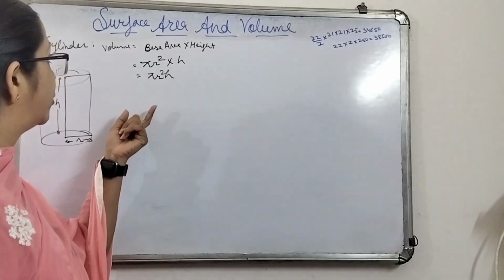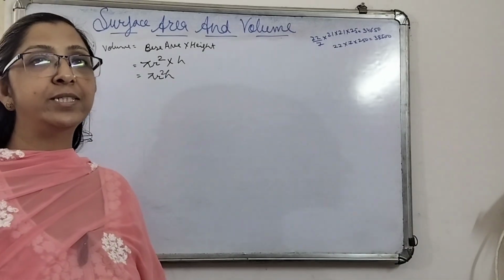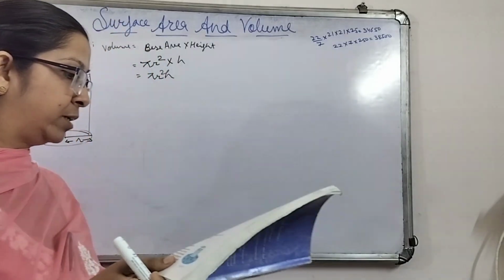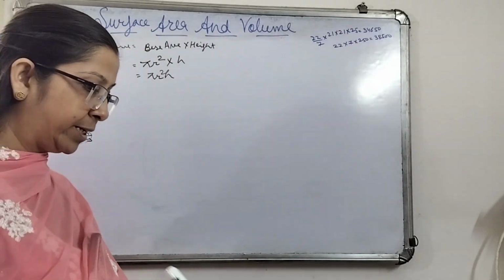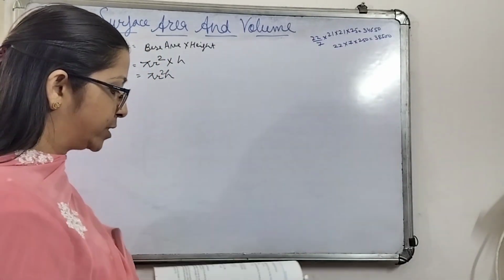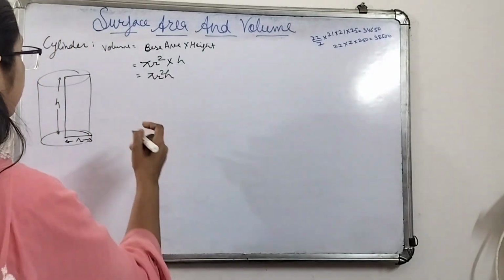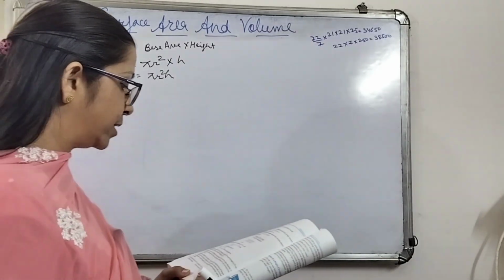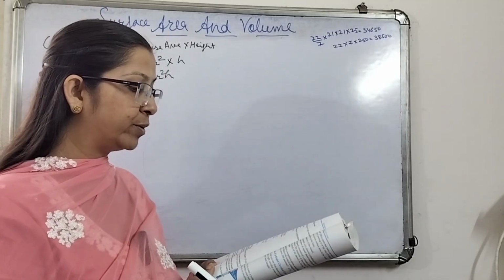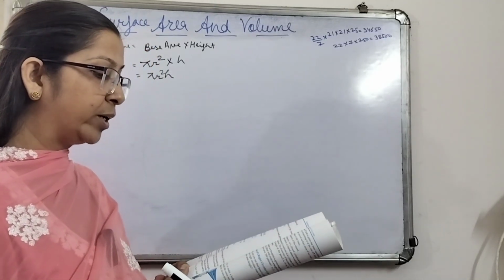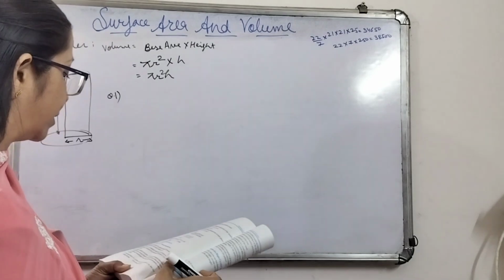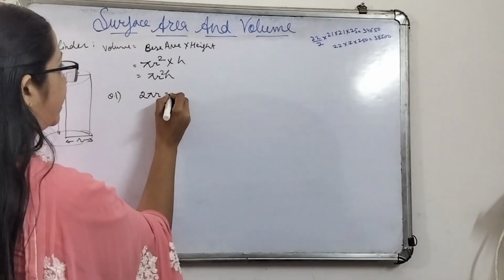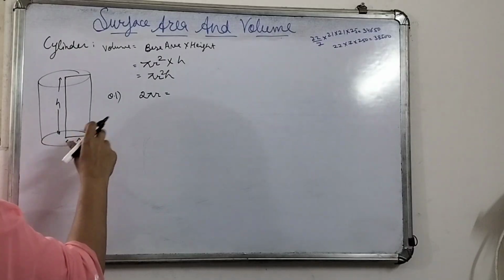Now let's understand how we can solve some questions using this formula. Take Exercise 13.6, question number 1. The question says the circumference of the base of a cylindrical vessel is 132 centimeter. The circumference of a circle is 2 pi r, because the base of a cylinder is a circle.